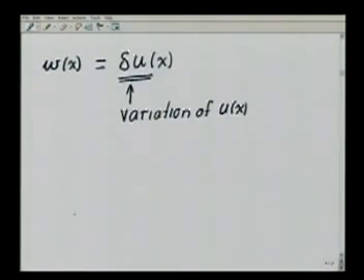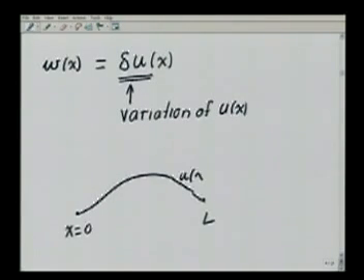So let's imagine that I'm giving you 2 points, x equal to 0 and L. In between this, I have this function u of x, and on top of this, if I take a function which is close to this, it cannot be very close, it can be anything which is close to this function.